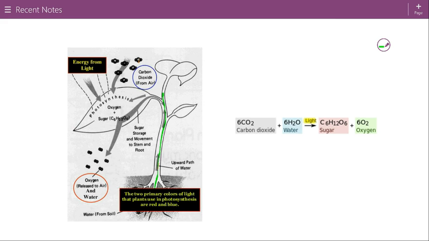It's going to grab carbon dioxide from the air and bring that into the plant leaf, where those chloroplasts live. And then the photons are going to come in, and through the light-dependent reaction, they're going to combine the water, the carbon dioxide, and the photons, and then we're going to give off oxygen into the air, and we're going to be left with sugar that's going to be stored somewhere in the plant.